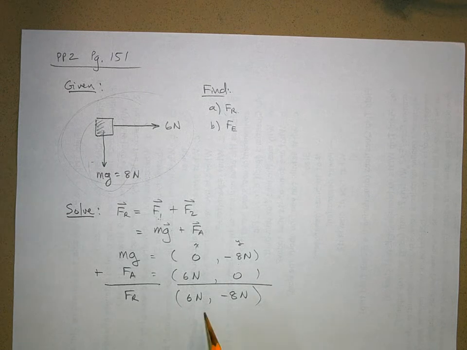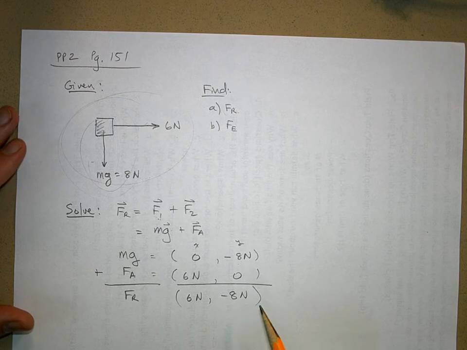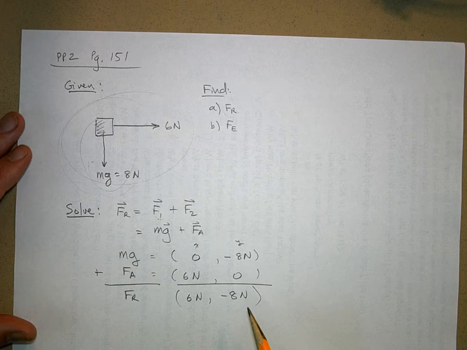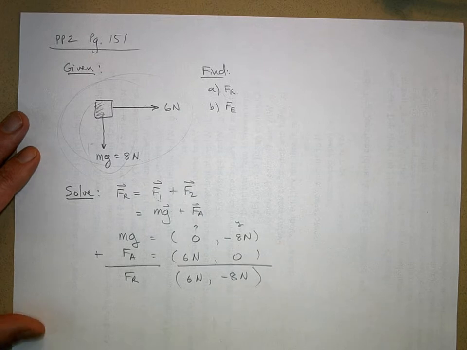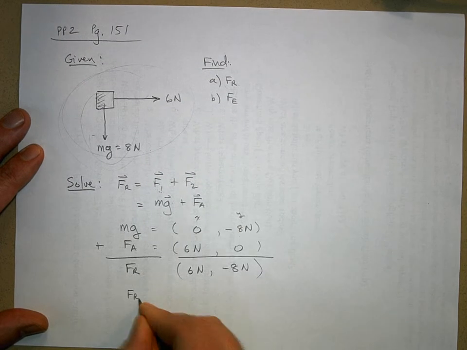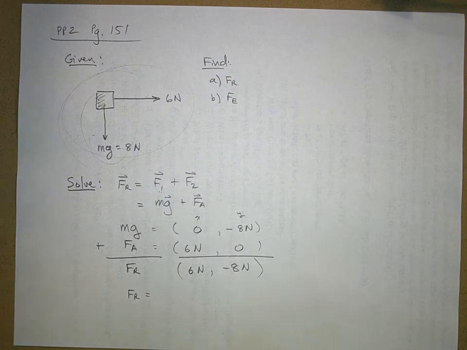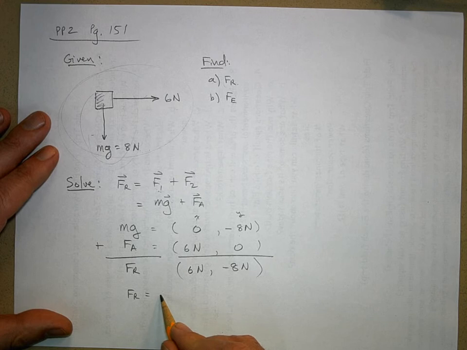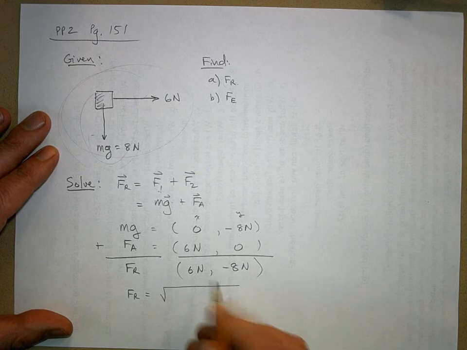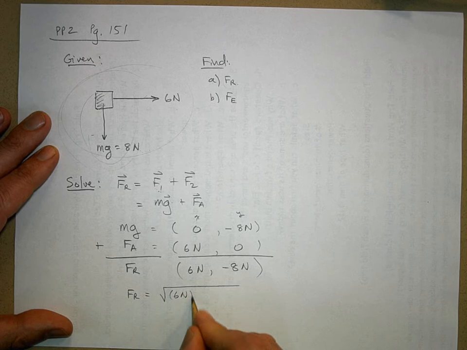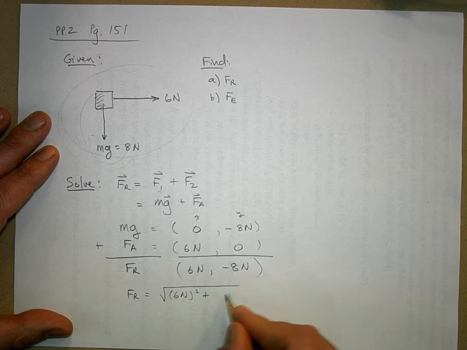Now we can figure out what the magnitude and direction of FR is. It's equal to the square root of 6 newtons squared plus 8 newtons squared.